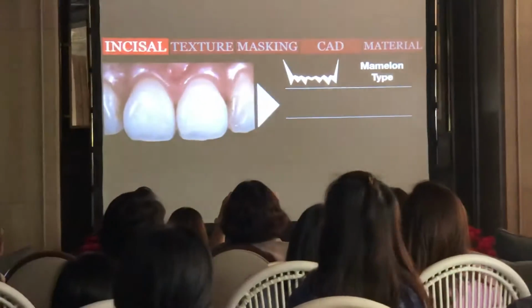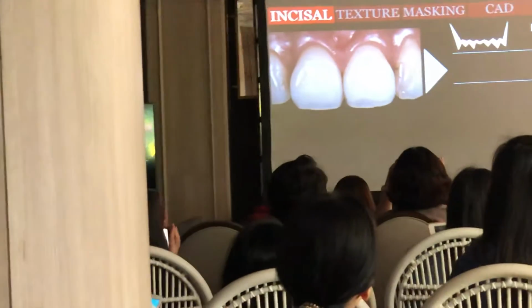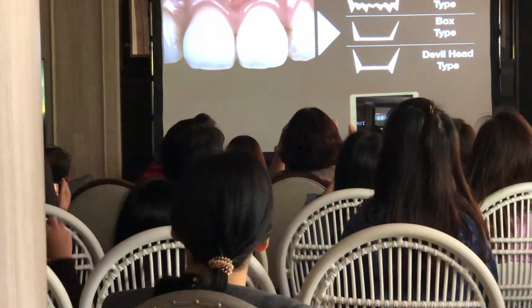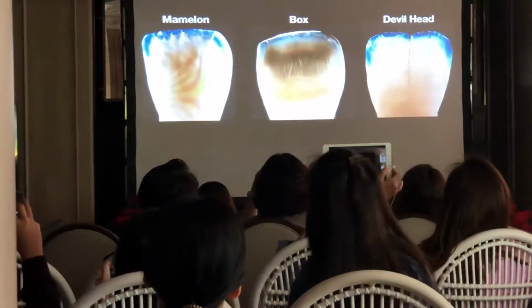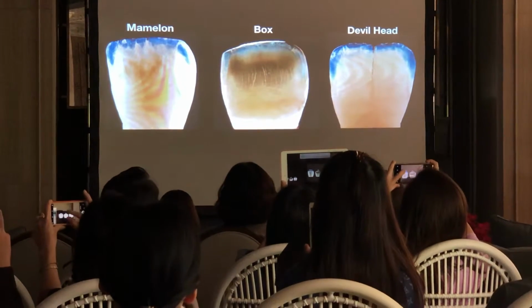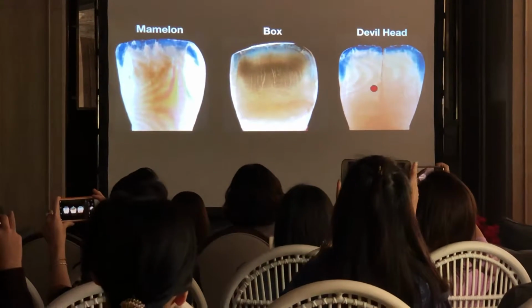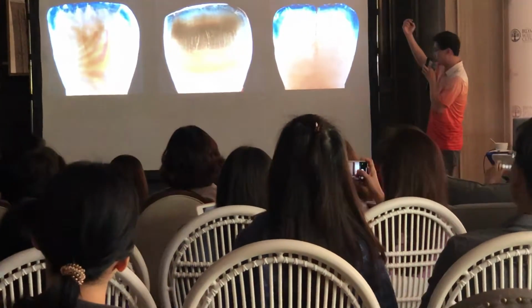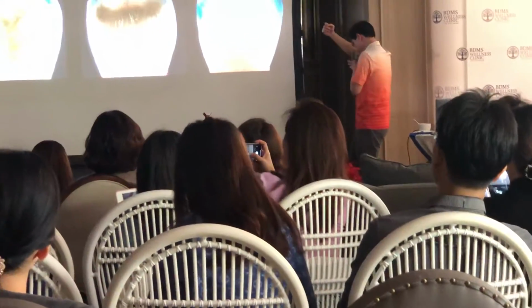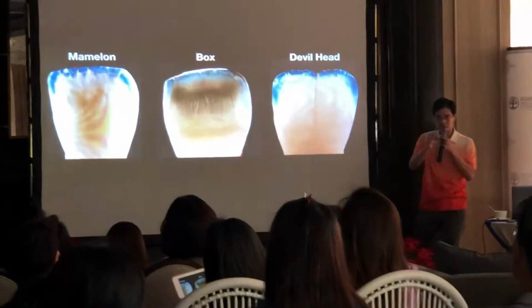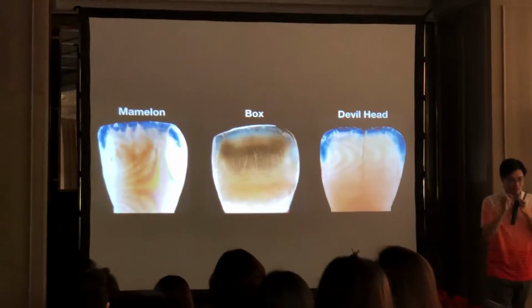We mentioned before that we divide into 3 types: Marbella type, box type, and devil head type. This is the demonstration of Marbella type, box type, and devil head type. Devil head type means they will have some enamel projection or dentin projection here. This is very difficult to stain with the staining technique.